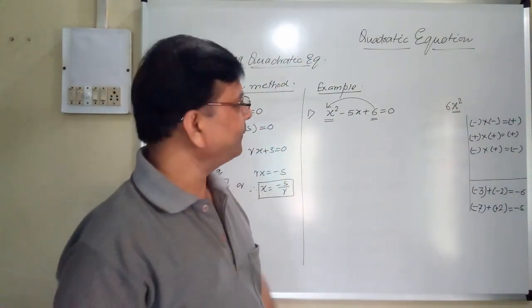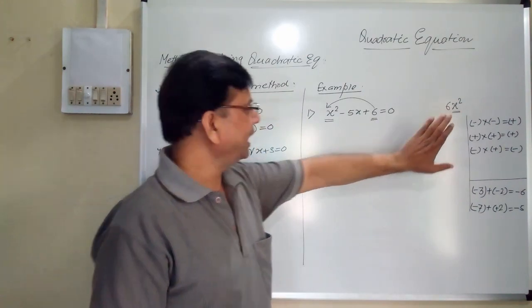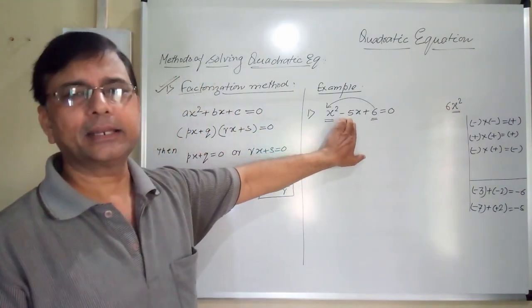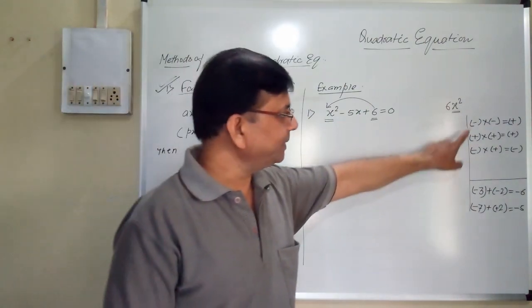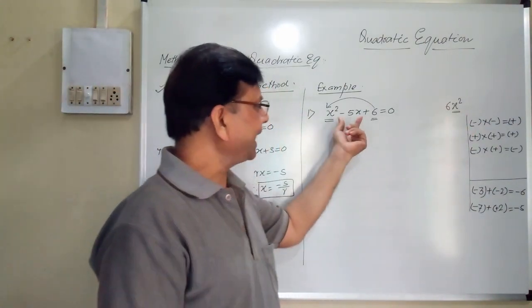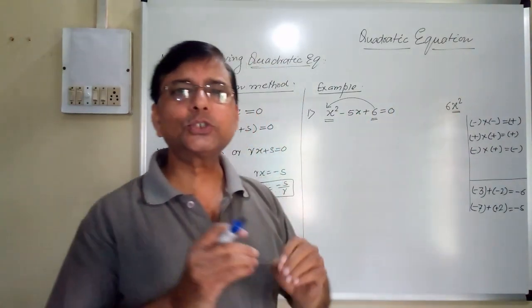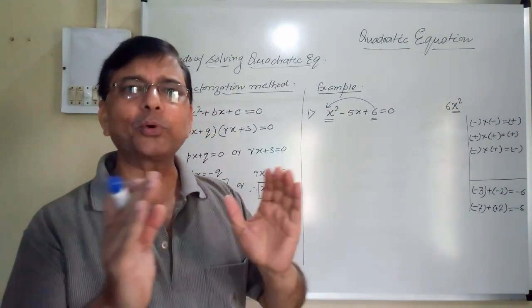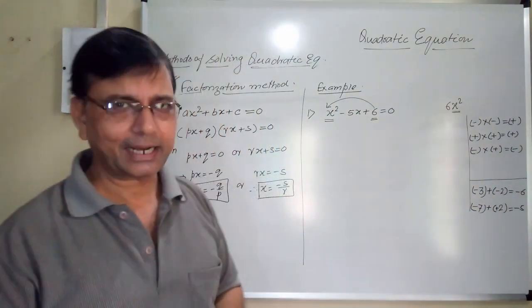It's very important now. The product has to be 6, which means the product has to be positive and the sum should be negative. In that case, this should be the condition: both the factors of 6 have to be negative. Then only the product will be positive and the sum will be negative. Clear?